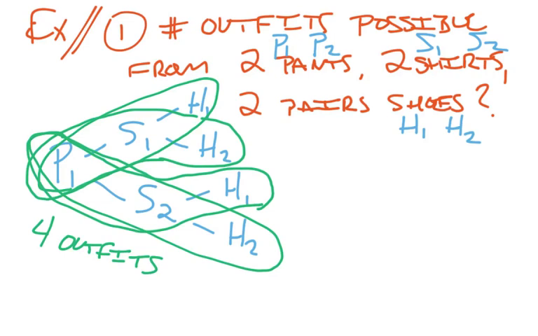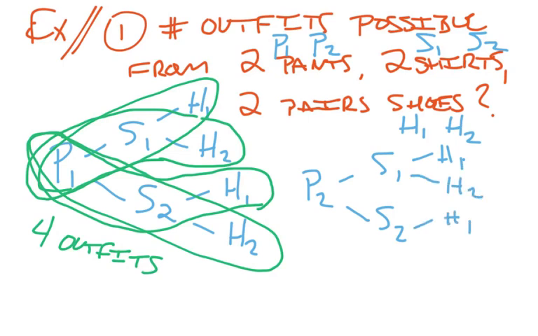All right, and you could do the exact same thing for pants 2 instead of pants 1. Right, so pants 2, and it's going to look identical to the diagram I just made. Pants 2, you can match up with shirt 1, or you can match up with shirt 2. You can match these up with H1 or H2. You can match this up with H1 or H2. And so this again gives you 4 more outfits.